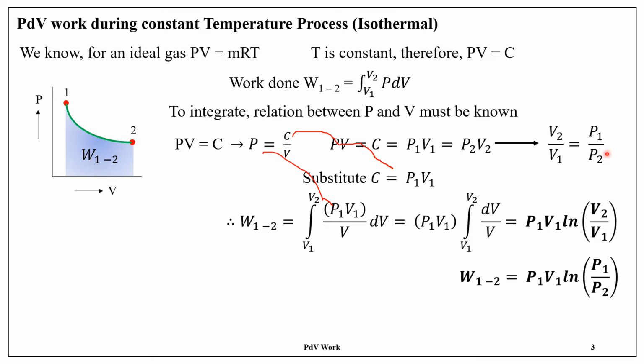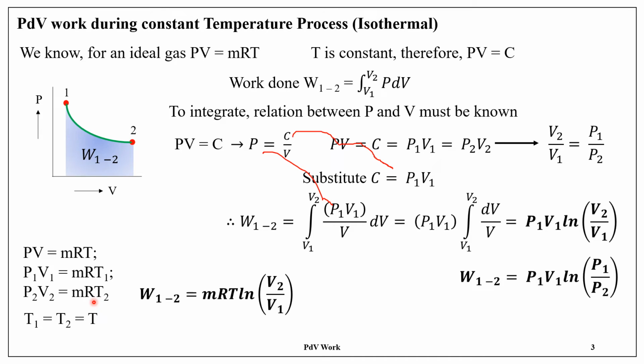So both are correct. Also, what we can write is, we know PV equal to mRT, therefore P1 V1 equal to mRT1, P2 V2 equal to mRT2. Of course, T1 is equal to T2, and hence instead of P1 V1, we can write mRT.